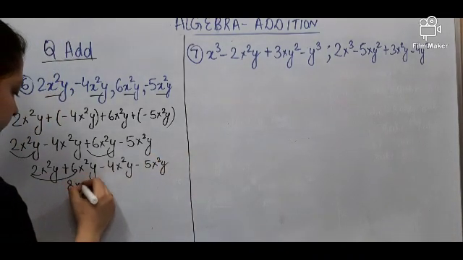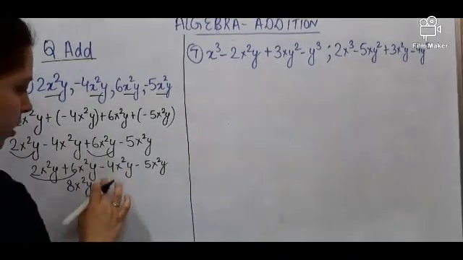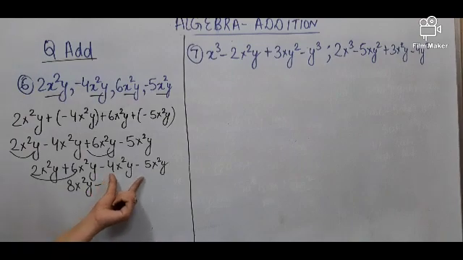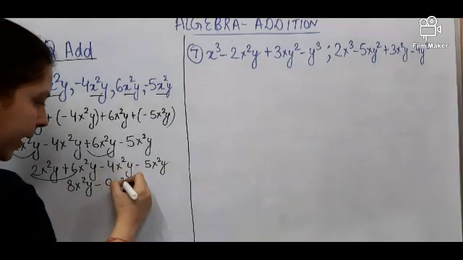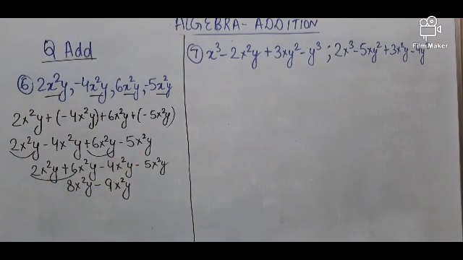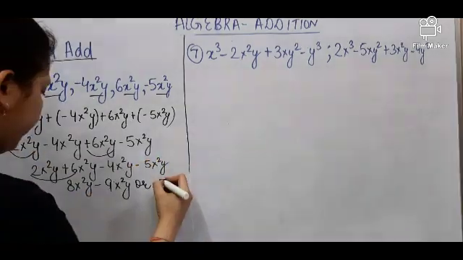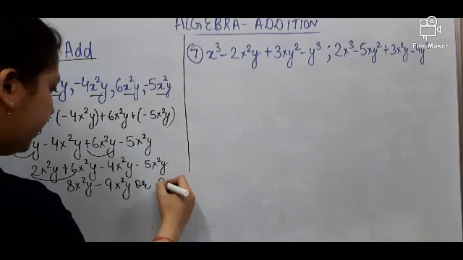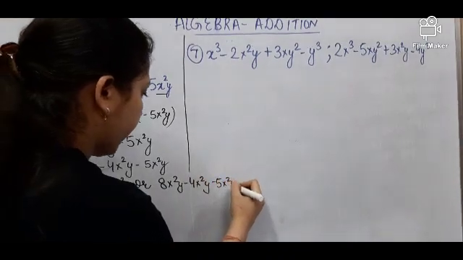So 6 plus 2 is 8, so 8x square y. And, sorry, as I told you, the result of two negatives is negative, which means we add up these numbers but the result will be negative. So 5 plus 4 is 9, 9x square y, and as 9 is preceded by a negative sign, the negative sign will be there. Or you can also do it like this: 8x square y minus 4x square y minus 5x square y.